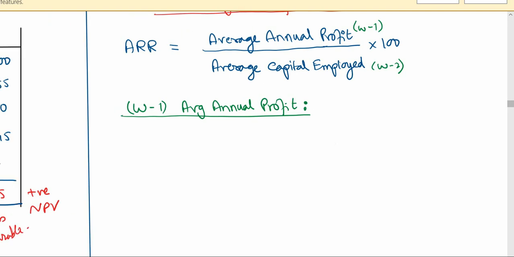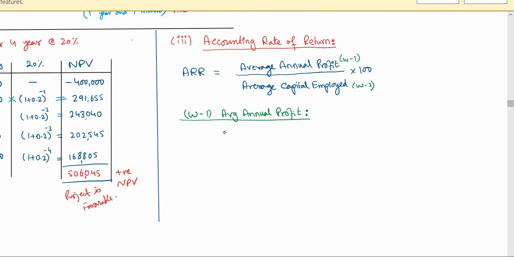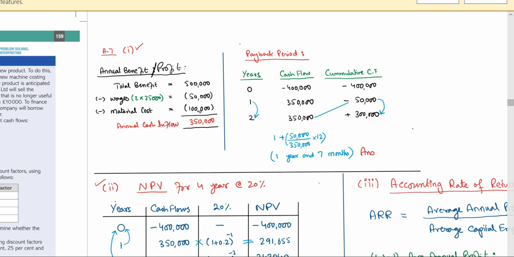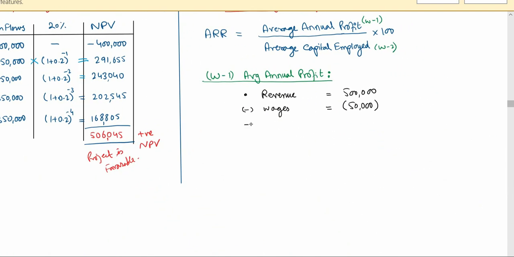So net profit will be, for example, revenue 5 lakh, less wages of 50,000 as per the question, then material of 100,000, less material. These are the costs.